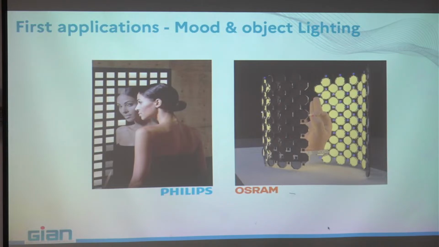You can see your image without problem, and you are illuminated by the OLEDs here. Because you have a large surface, you can generate much flux, but large surface means low brightness, and low brightness means no glare. The lady has no glare problems here.